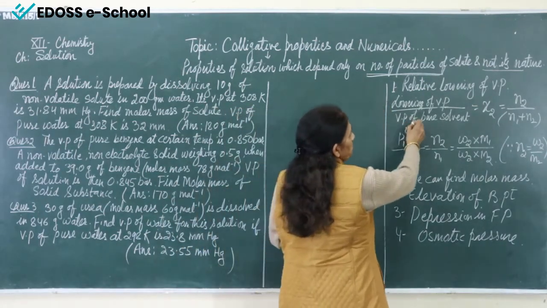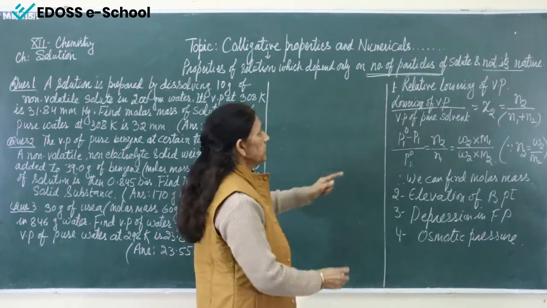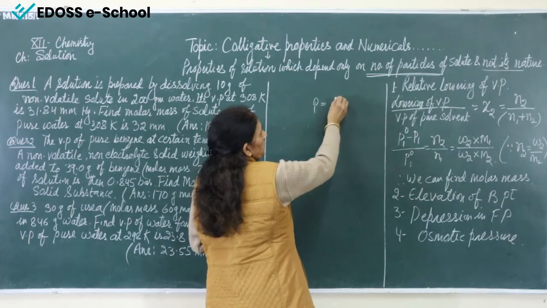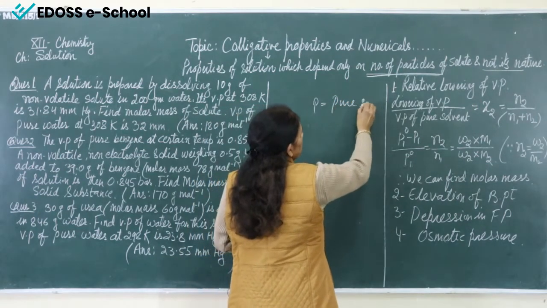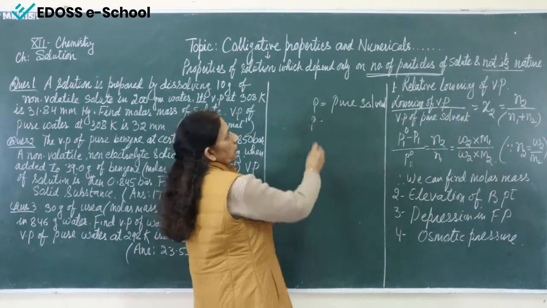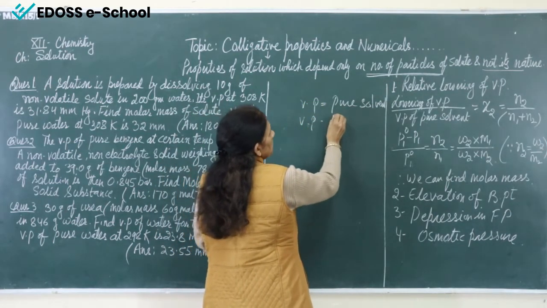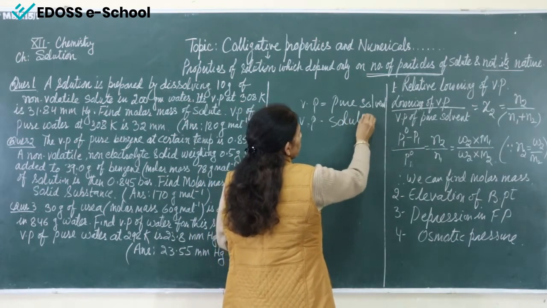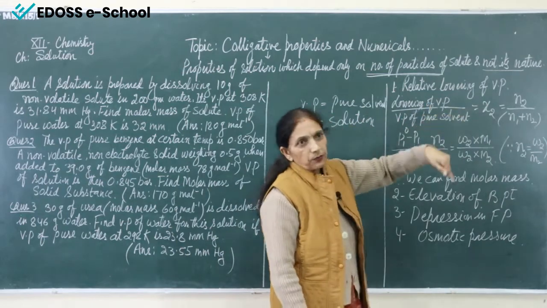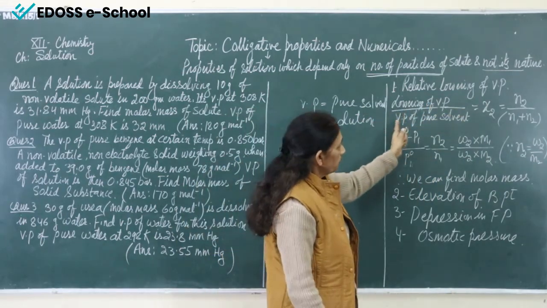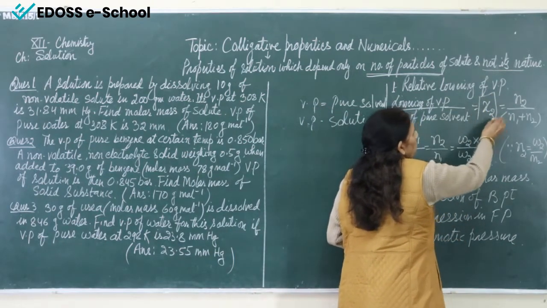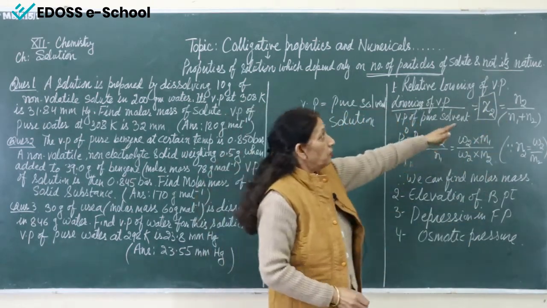One pressure is of the pure solvent and another pressure is of the solution. So we can say that the lowering of vapor pressure divided by the vapor pressure of pure solvent is always equal to X2, that means mole fraction.